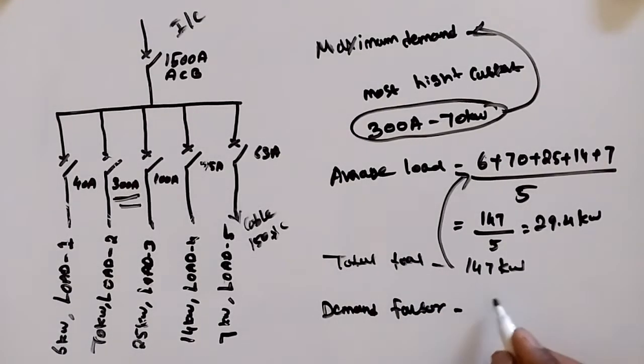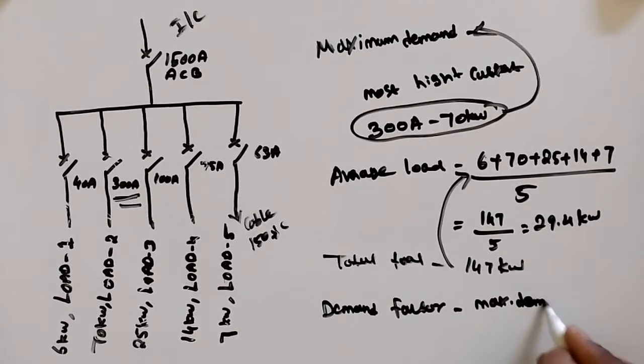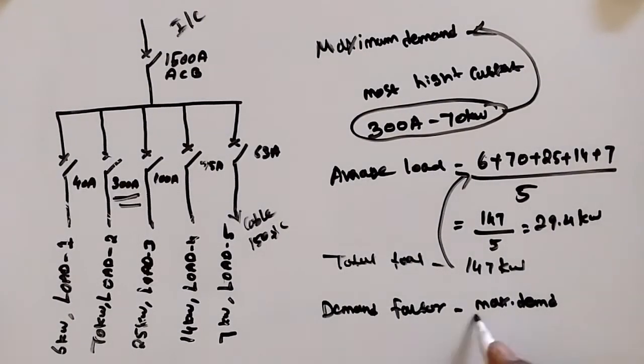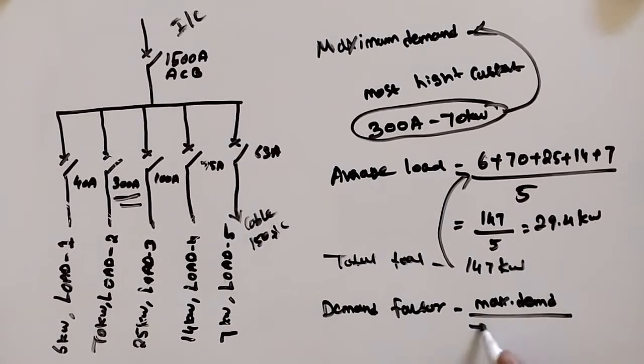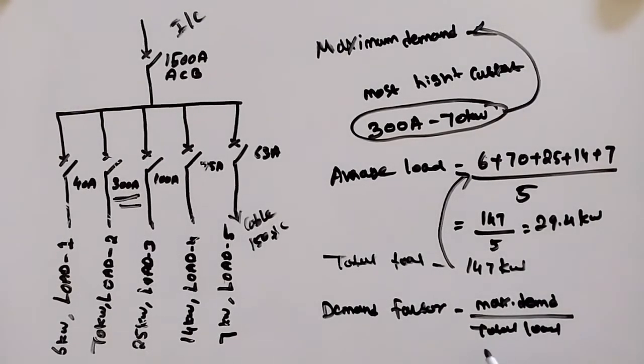Demand factor means maximum demand divided by total load. Mostly the demand factor is less than 1.